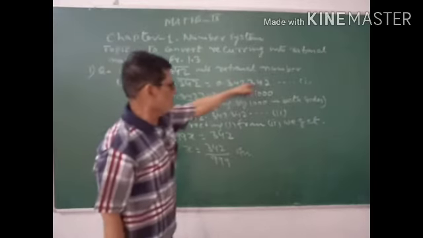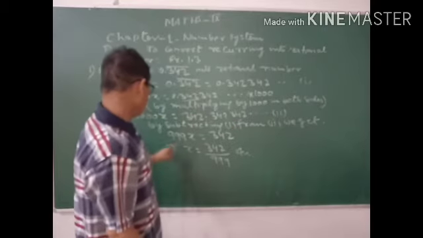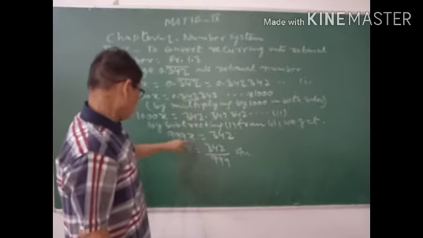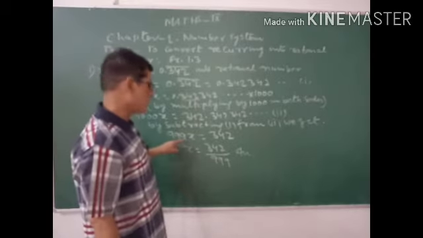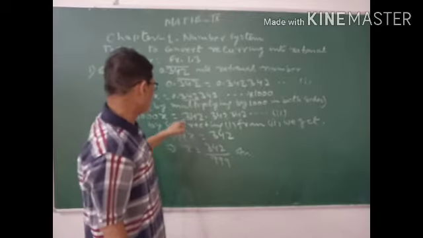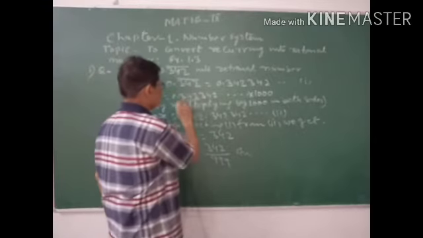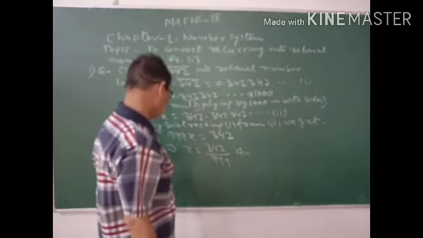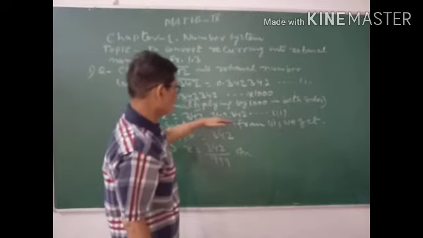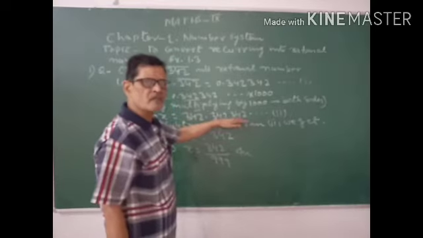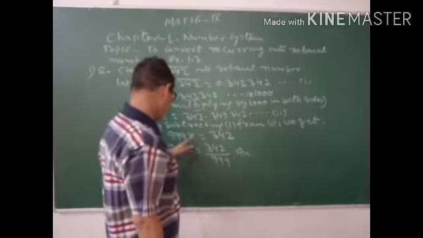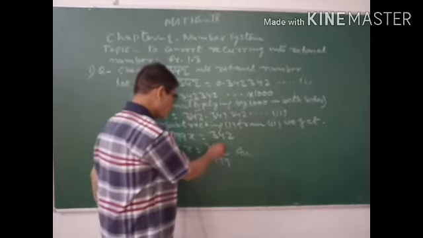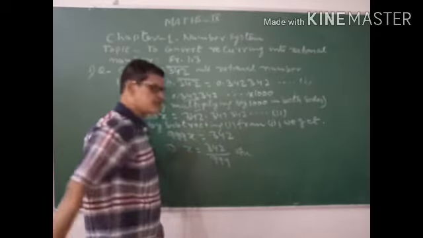Now subtract the first from the second, then we get 1000x minus x. This will be equal to 999x, and only the number coming out will be left: 342. The rest will become 0. So this is how x equals 342 by 999. What do we conclude from this answer?